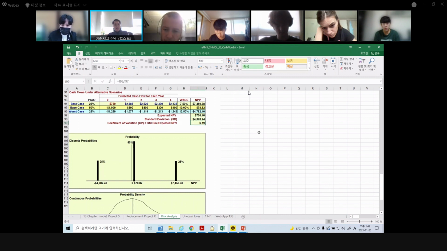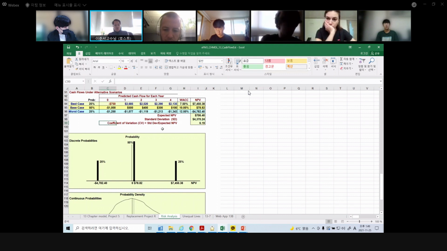And then the third step is what? We can calculate the CV, the coefficient of variation. All of the procedure so far is to calculate the coefficient of variation. Coefficient of variation can be calculated by standard deviation divided by expected net present value.